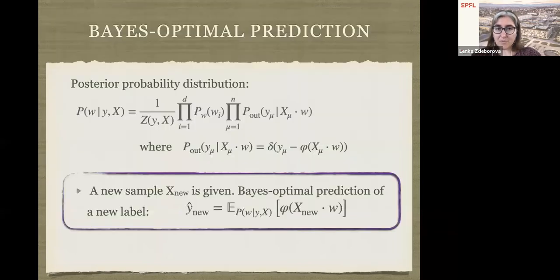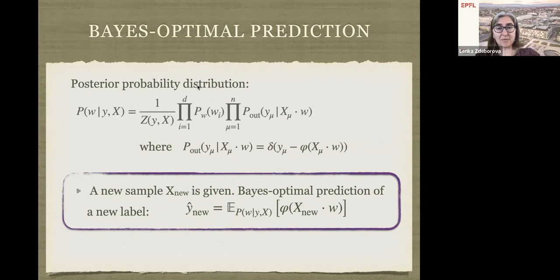So the first notion that I want to introduce is the Bayes optimal prediction. That is the prediction of labels on new samples, inputs X, that were not seen in the training set. In the setting of the teacher-student, where we really know the model from which the labels were generated, we can prove that there is no possibly better procedure or estimator than the one stated here.